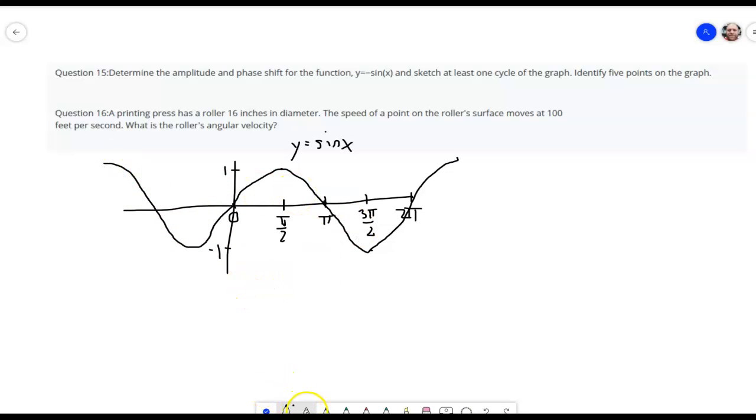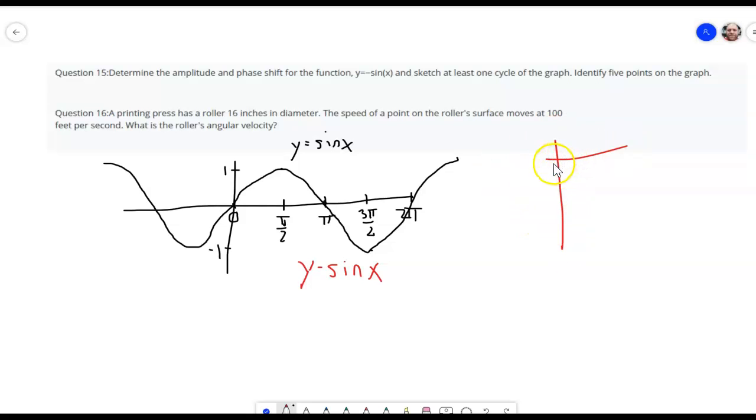All right, so how does y equal, let's do that in red, how does y equals negative sine x change that? Well, let's do a table for that one.